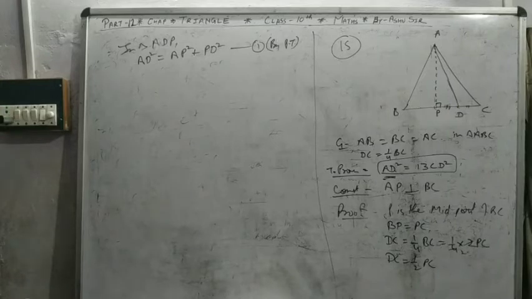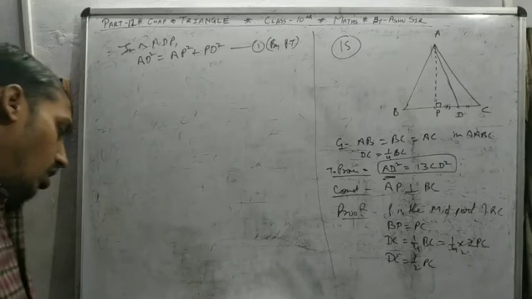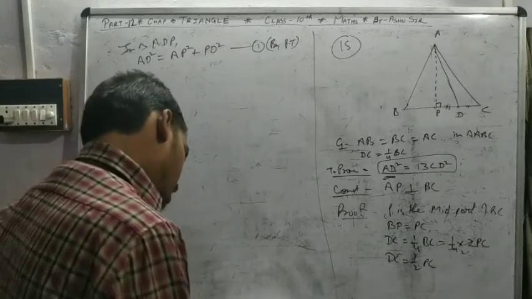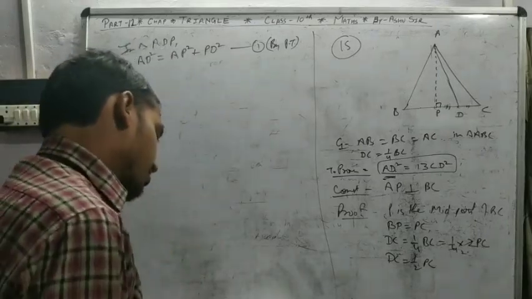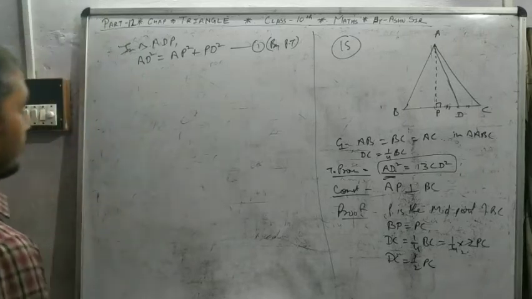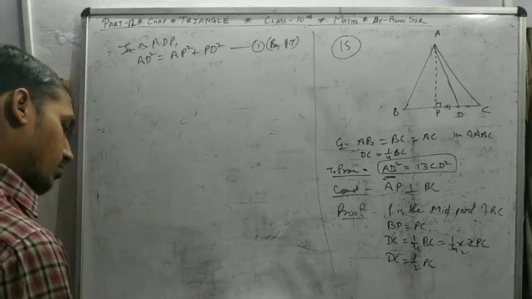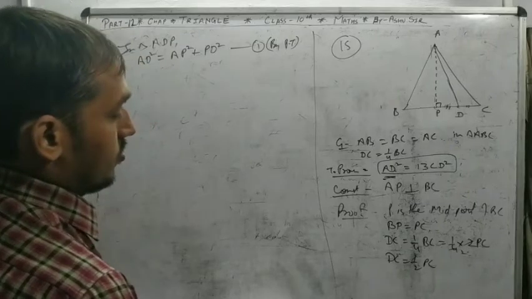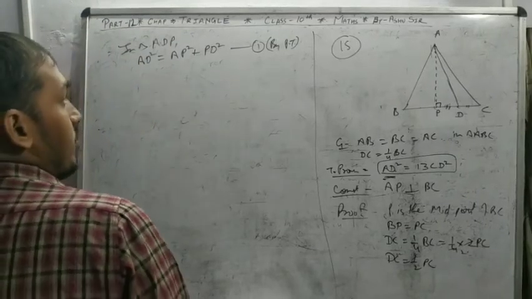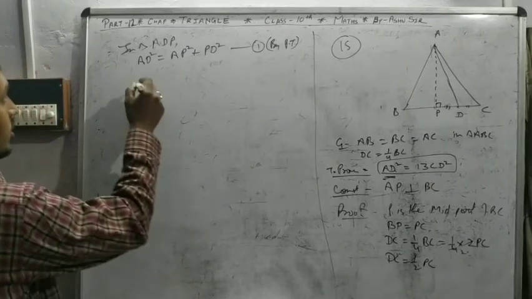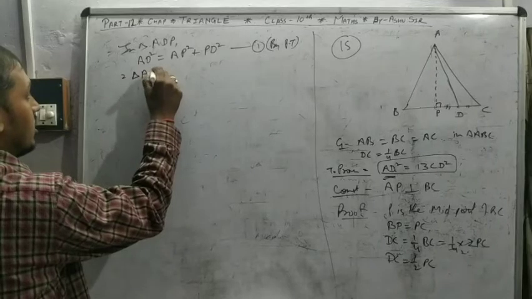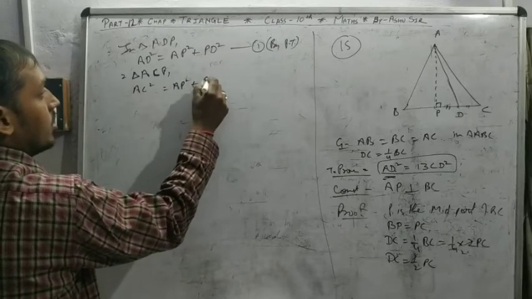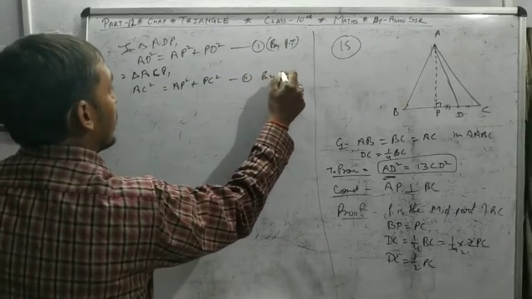Then we try to solve it. So we have no use of AP, so to replace AP from triangle ACP, AC square is equal to AP square plus PC square by the Pythagoras theorem.